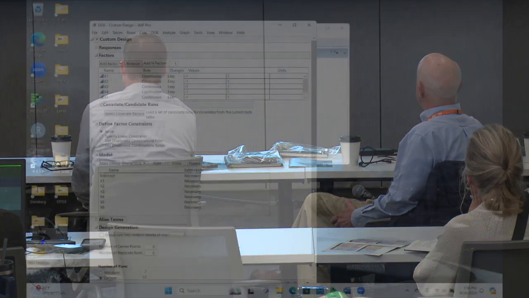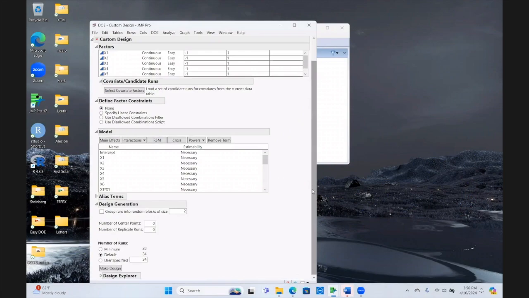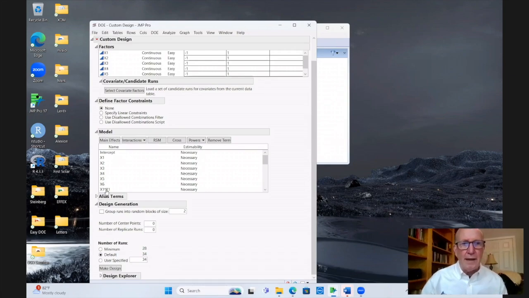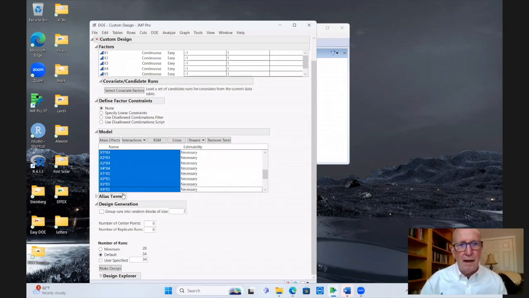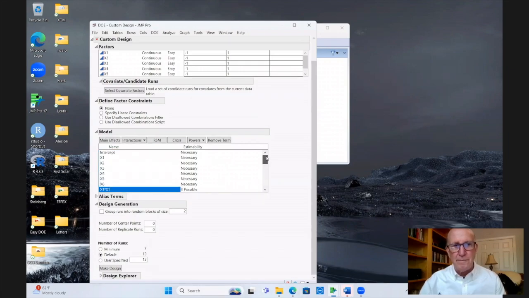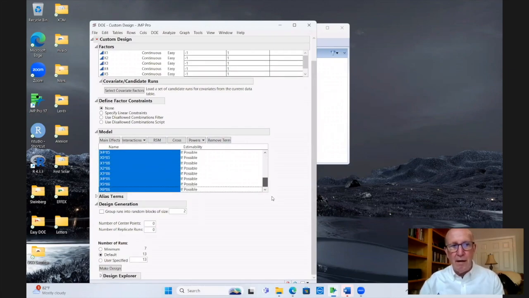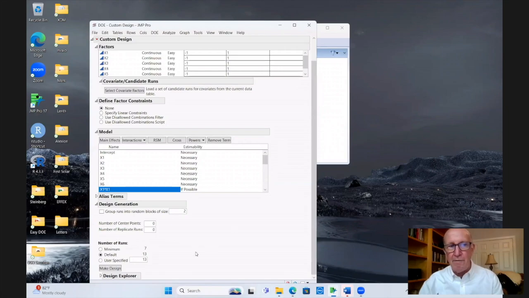Let me just do this one quickly. So I'm going to have a 6-factor design. If I wanted to fit an RSM, I would have to do 34 runs here. But I could say instead, all these effects are only if possible. So I'm going to require that I be able to estimate my main effects, but all of the second order effects I'm going to say are if possible.